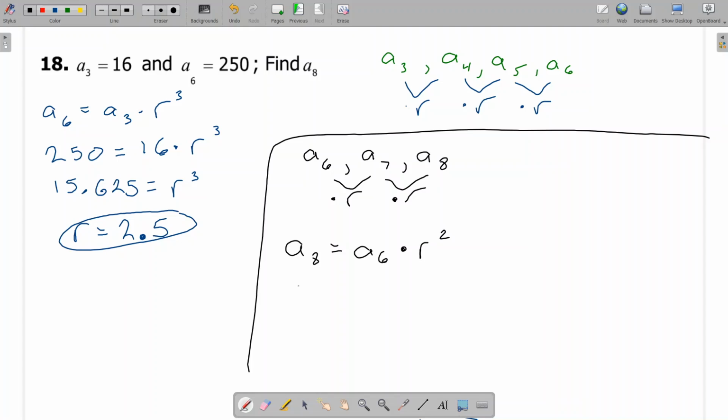So plug in what we know. a6 was 250, and I know that my common ratio is 2.5. Now if I go through this calculation, I'm going to find that the 8th term is 1,562.5.